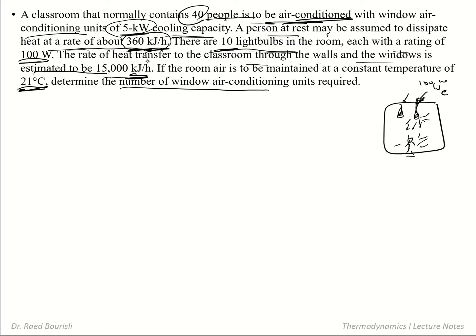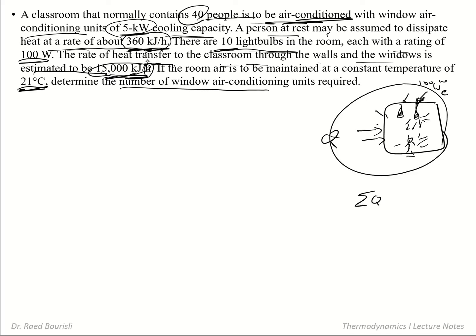What else do you have? Heat is transferred into the room through the windows and walls and everything at a rate of 15 kilojoules per hour. So if you change it to seconds, you'll get watts. So we want the total heat addition Q from everything plus the energy generation within the room.